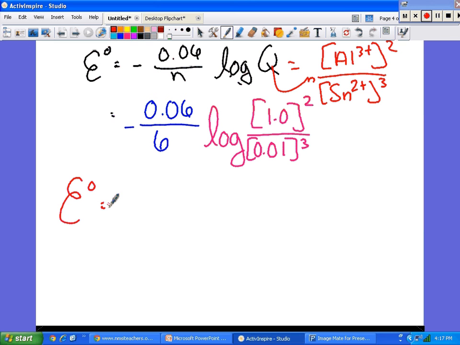Okay, hold on. Please don't tell me I messed this up. Guys, I did. I forgot E naught, didn't I? All right, here. It's an easy fix. It's E cell equals E naught cell minus.